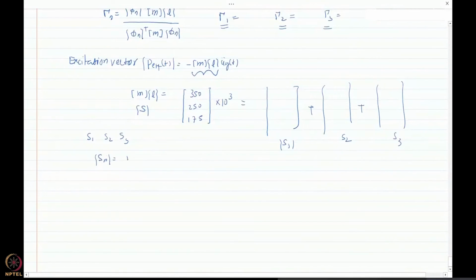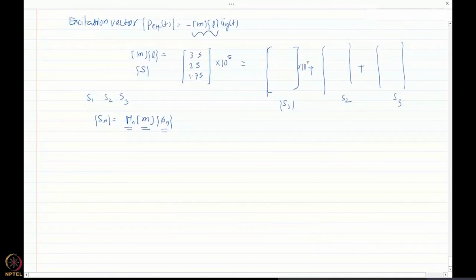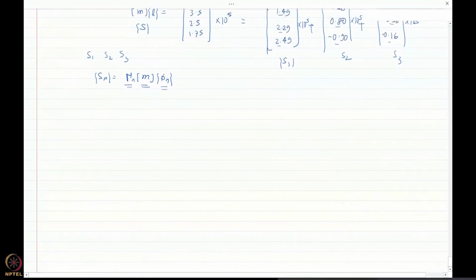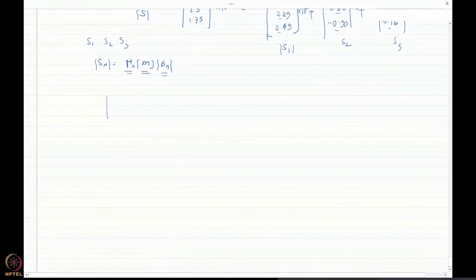Remember, Sn is nothing but the factor gamma n times M phi n times this vector. Let us say I write here 10 to the power 5, 10 to the power 5 and 10 to the power 5. I just want these elements. That's all. So this is what you would get as S1, S2, S3. And what it basically means is that we had initially, and let me write it like this here.